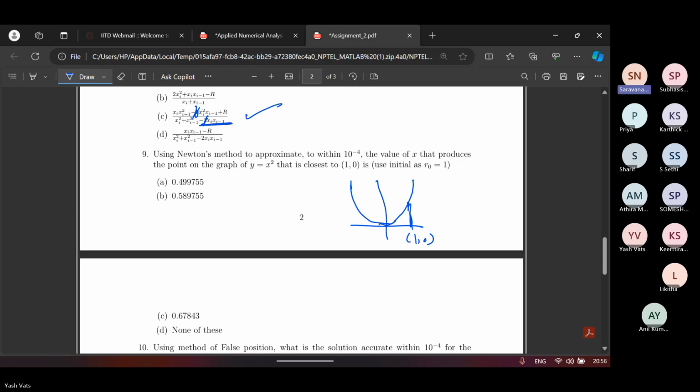It's not the function. If you find out the root of x square equals 0, then it doesn't make sense. You need to find the point on the graph that is closest to (1, 0), so you need to make your own function. You need to minimize the distance between any point on this graph and (1, 0), right?